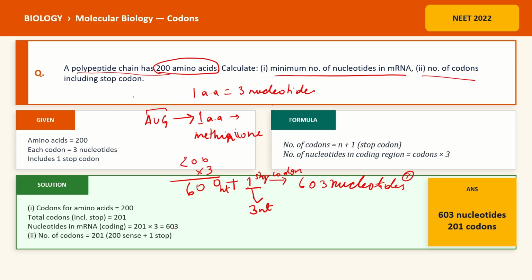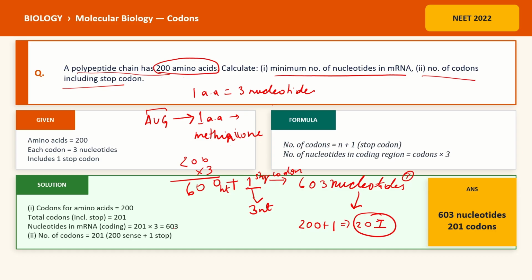The second part is asking the number of codons including the stop codon. So here we had 200 amino acids, right? Plus there is one stop codon. So the number of codons will be 201.